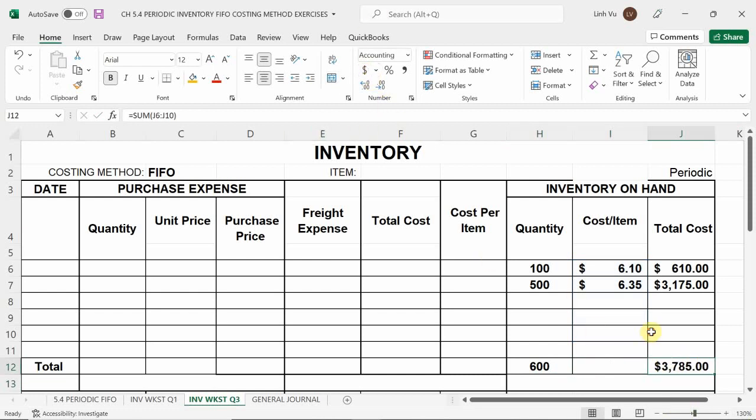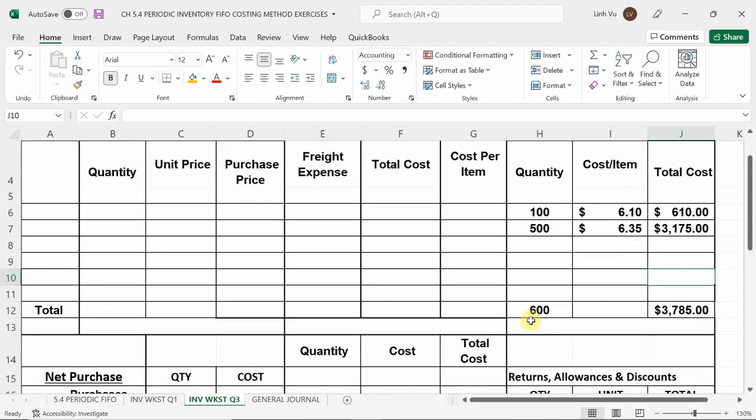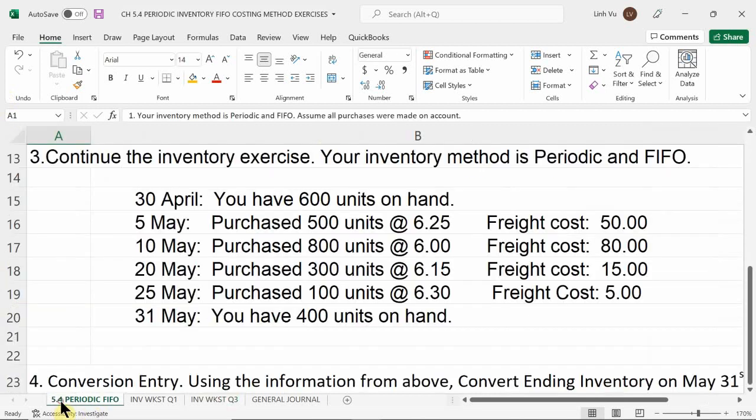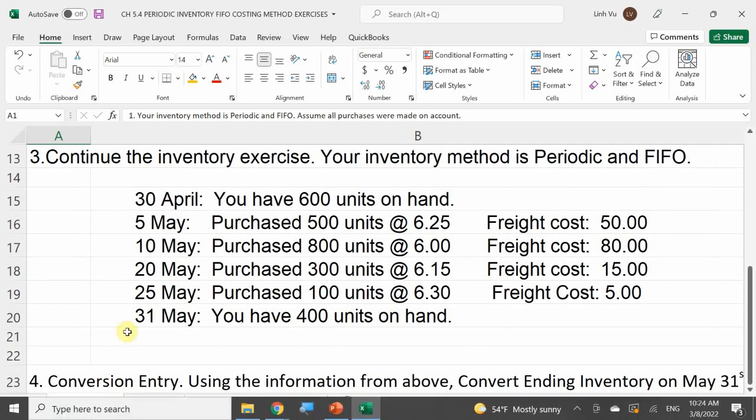Okay, that's my beginning balance. All right, so then let's go ahead and look at our scenarios here. Okay, May 5th, we purchased 500 units at $6.25 each with a freight of $50.